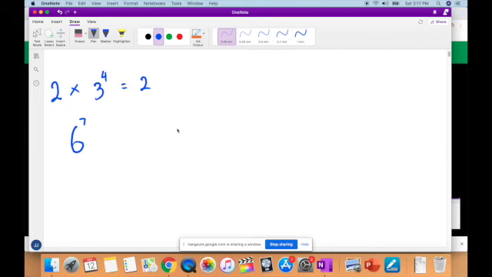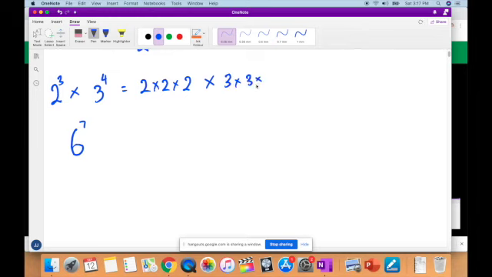Let's see. This was 2 to the 3, so that's 2 being multiplied by itself 3 times. And then I'm multiplying that by 3 multiplied by itself 4 times. So that will be 2 2s are 4, 2 4s are 8, times 3 3s are 9, 3 9s are 27, 27 by 3 is 81.